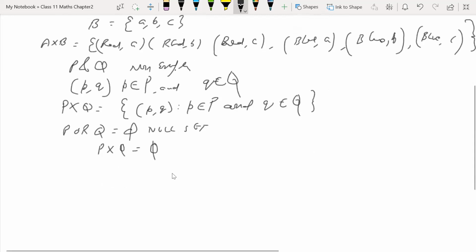As you can think, in simple mathematics, if we multiply any number with zero, the result is zero. Similarly, the Cartesian product of two sets will be the null set if one of them is the null set.